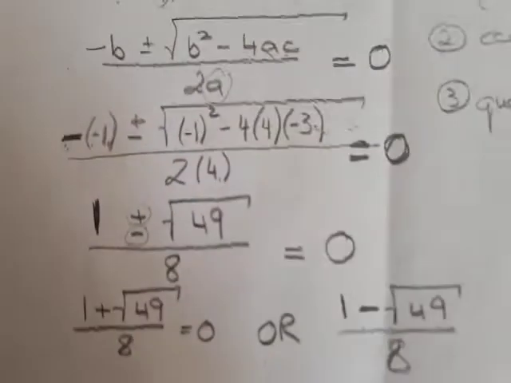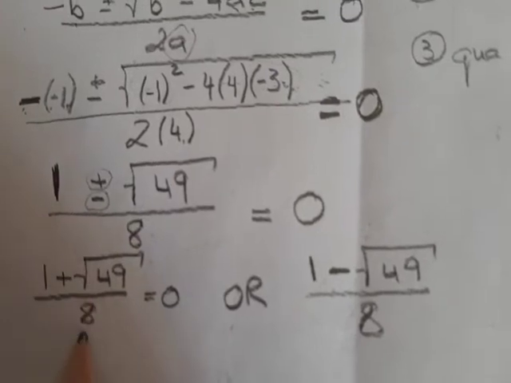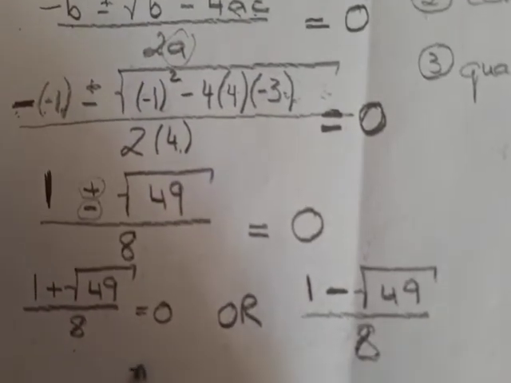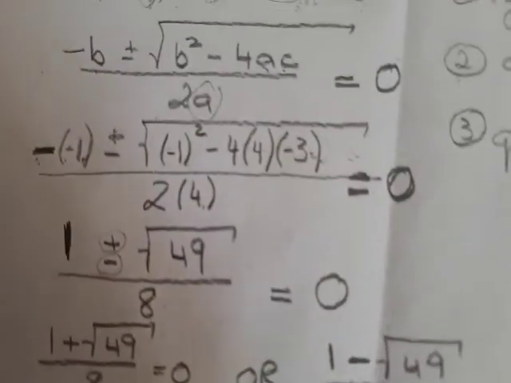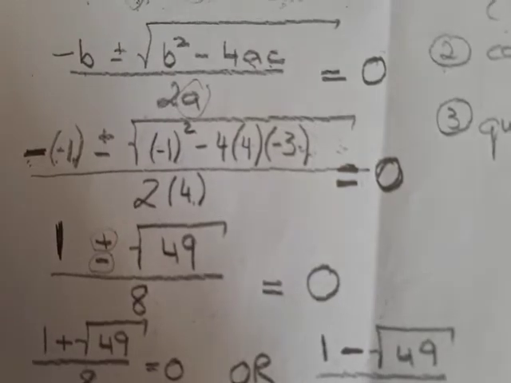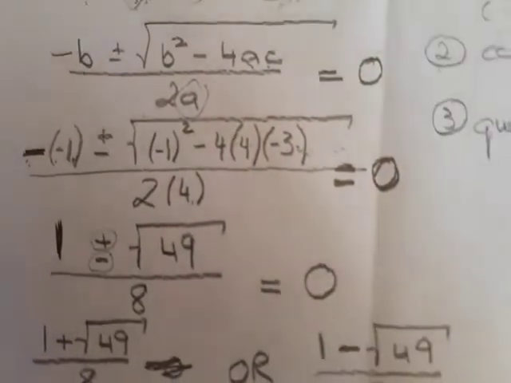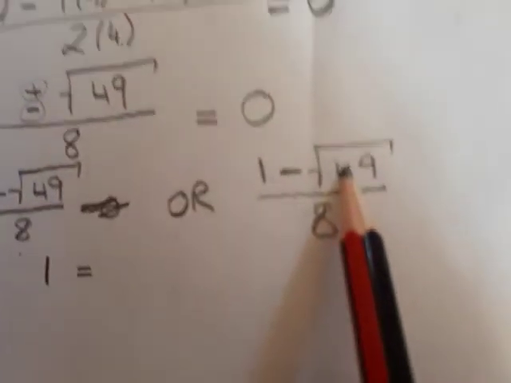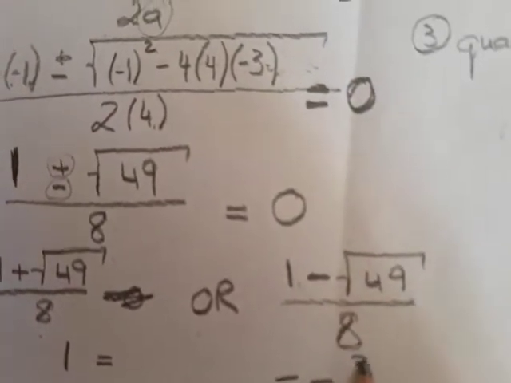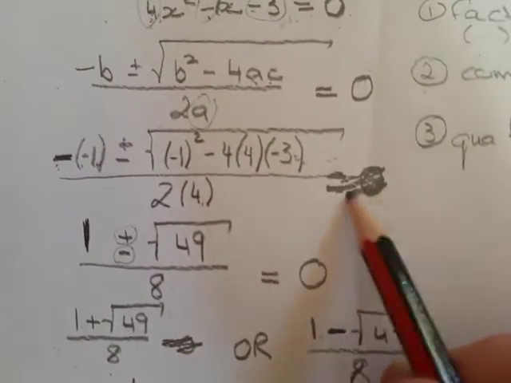Now, if you put this into your calculator, you will see that this is equal to 1. If you put that part into your calculator, you will find that this is equal to negative 3/4. I'm sorry, people, I made a mistake here.